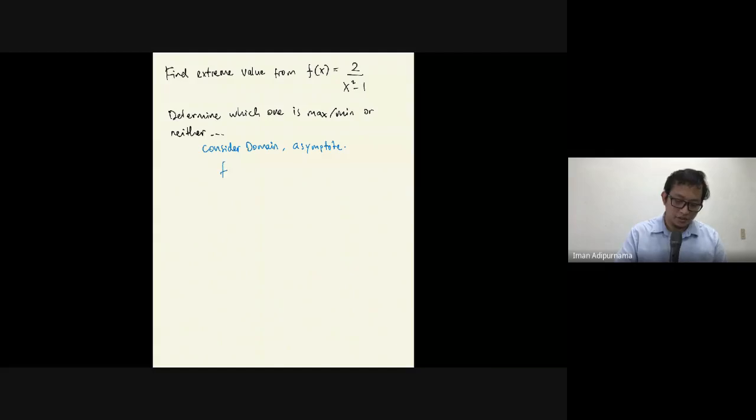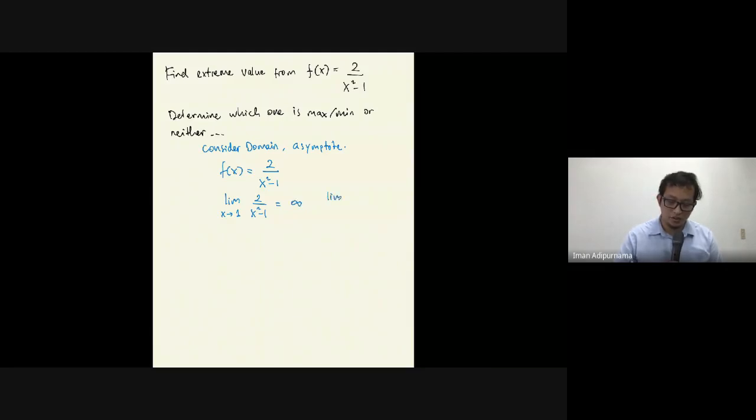So if you have the function, if you have the limit as x approaching 1, this will be going to infinity, right?